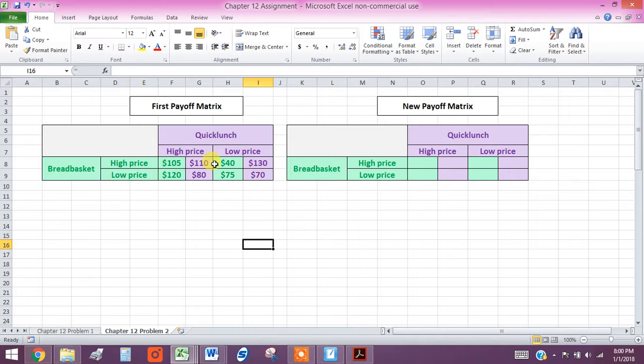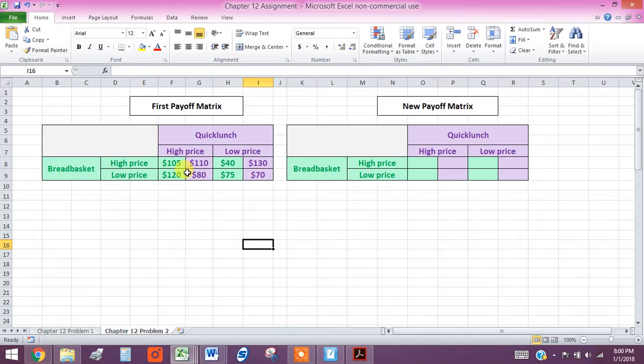So there's no choice that Quick Lunch can take here that's going to guarantee they would be better off than their other choice, because here a high price is worse than the low, and here a high price is better than the low, okay? I hope I didn't confuse you with that. I'm going to go over it again, and we're going to talk about it in our next video when we do this new payoff matrix.